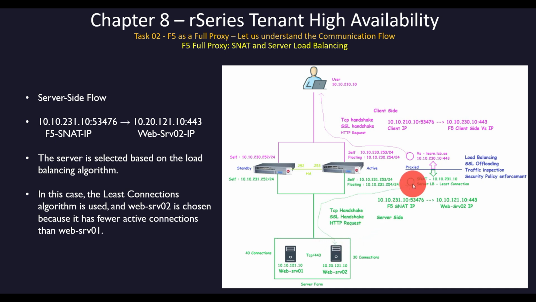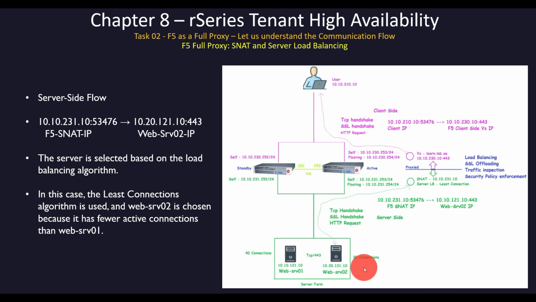To create this connection, FI uses one of the source NAT IPs from the server-side network. In this example, the SNAT IP 10.10.231.10 connects to the backend server 10.20.121.10 over port 443.